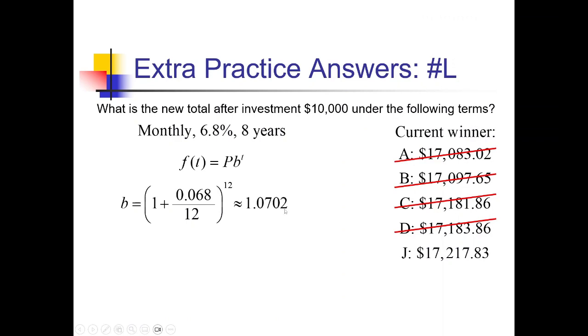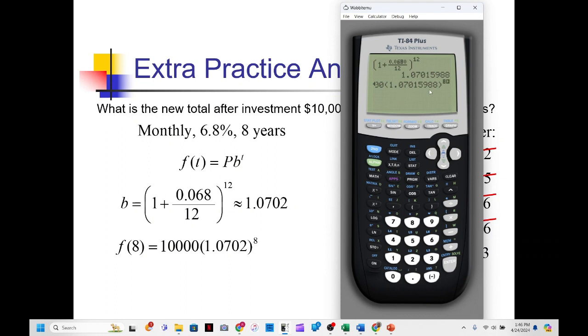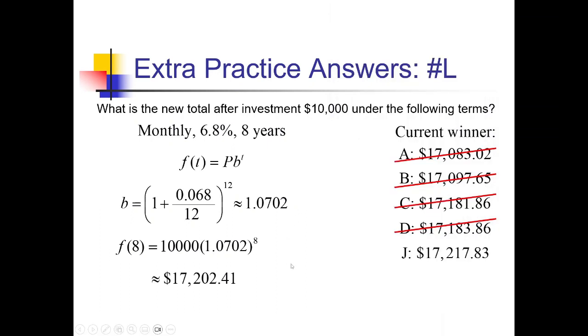That's a big round off though, so I'm definitely using the true calculator value on this next step. 10,000 times, I'll write the rounded off version, but definitely using the calculator version, raised to the 8th power. Plugging all that in gives me $17,202.41. So that's pretty close to J, uncomfortably close, but still not going to beat it.